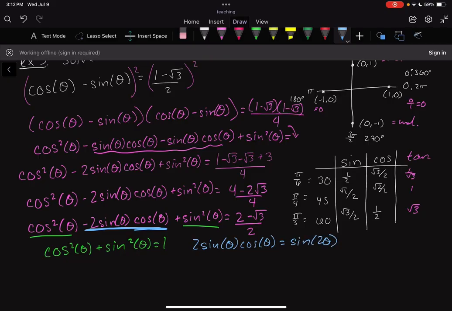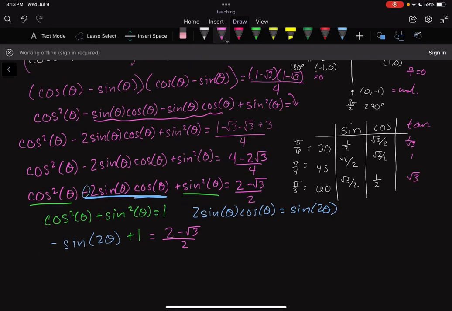So I can do 2 replacements right now. I get sine 2 theta. Be careful, it's negative, so I'm going to keep my negative. Plus 1, replacing that cosine squared plus sine squared with 1. And then on the other side, I have 2 minus root 3 over 2.